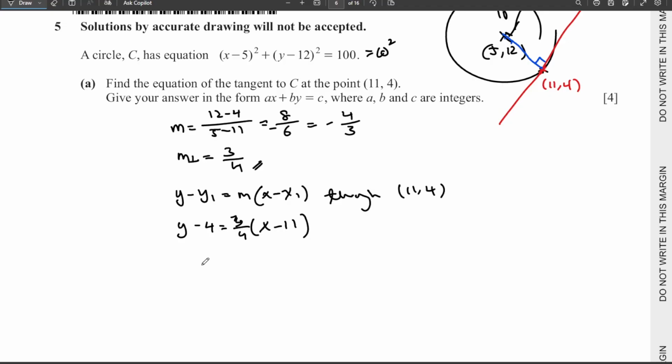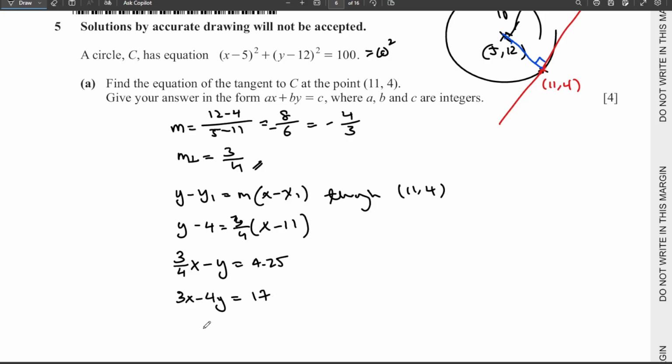Perhaps I simplify this further. Sorry, a, b, and c are integers, so I need to multiply everything by 4. So 3x minus 4y, and then this one becomes 17.